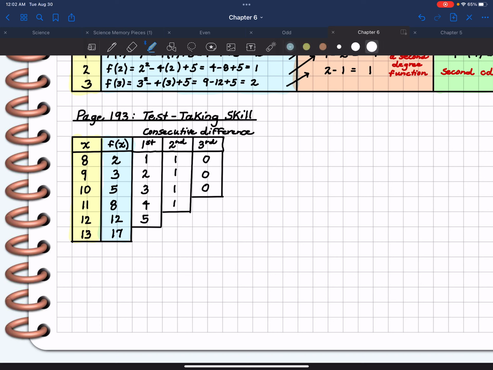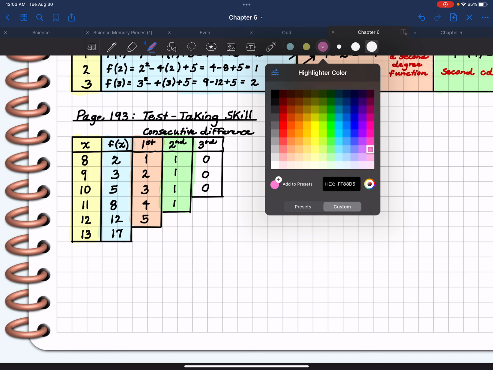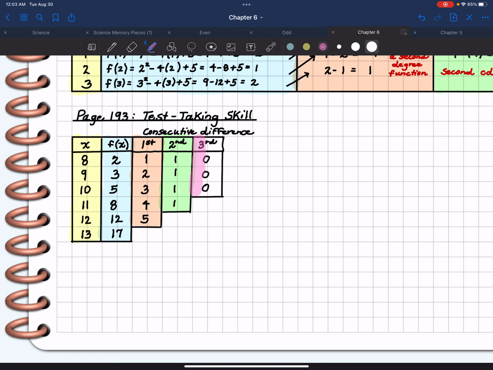And let me highlight just so we can relate it to what we've already done. We had the pink column for first consecutive differences. Then I used green to make the second column. And then I need one more color. I think I will go with pink this time to do the third column.